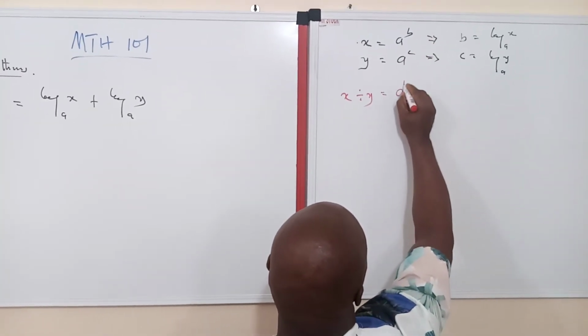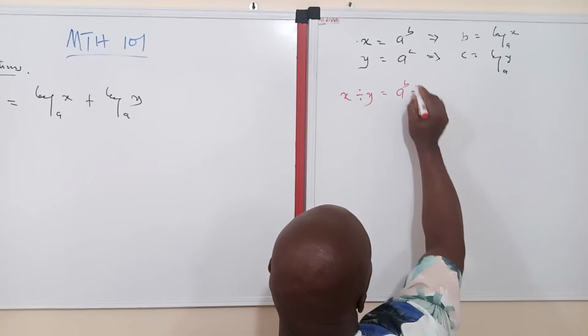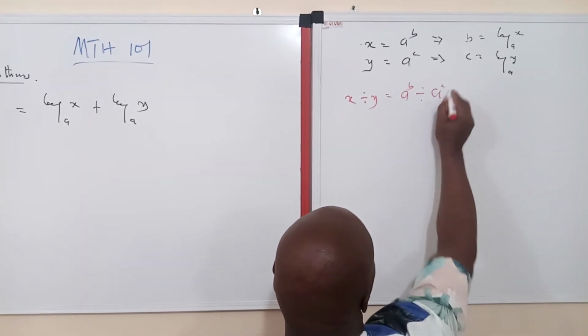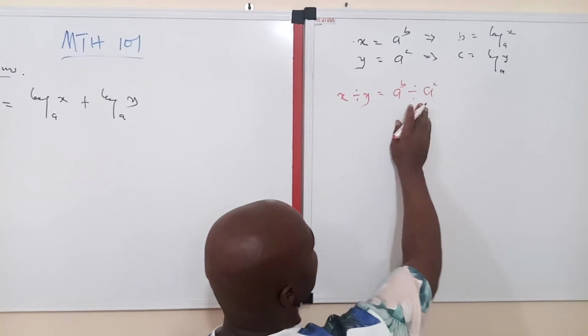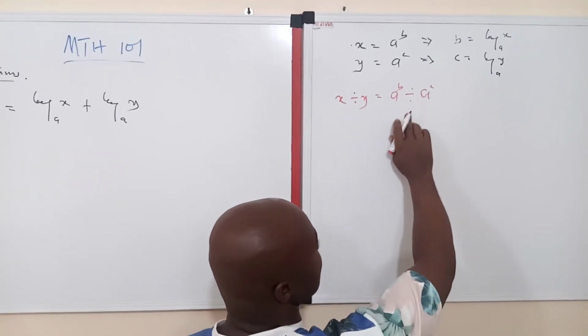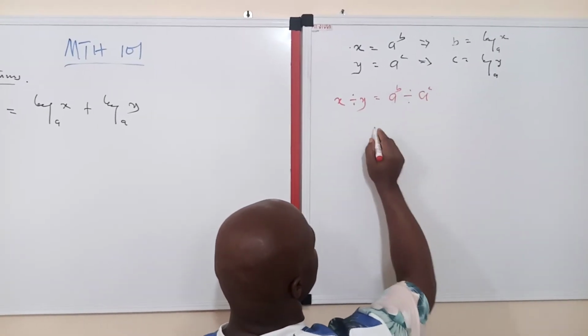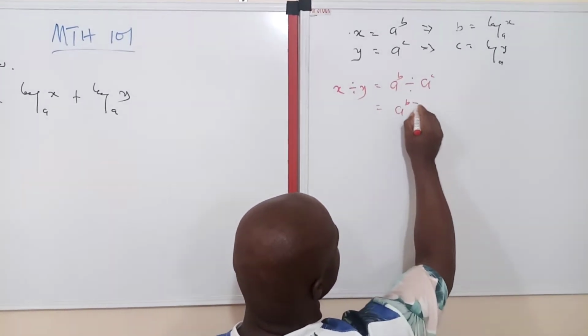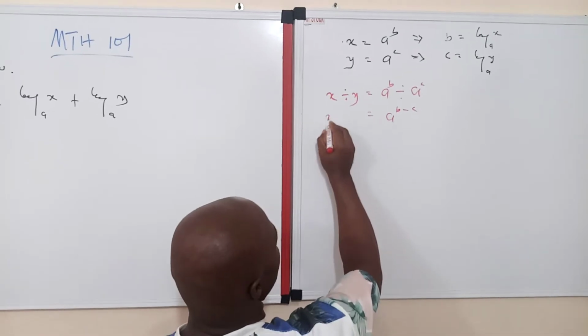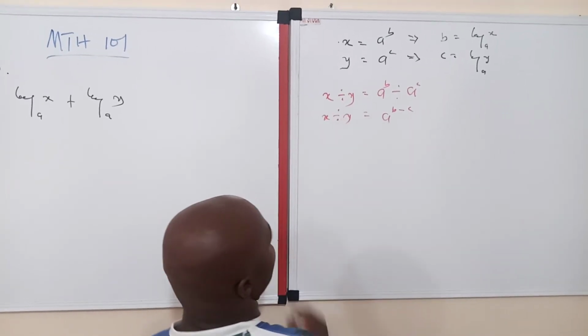So we say a raised to power b divided by a raised to power c. In our laws of indices, if the bases are the same and the operator in between is division, we subtract the powers. So we can also write this as a raised to power b minus c, where we have x divided by y.